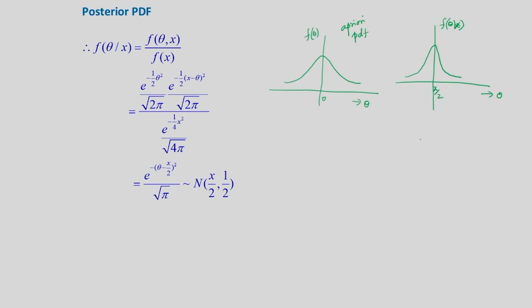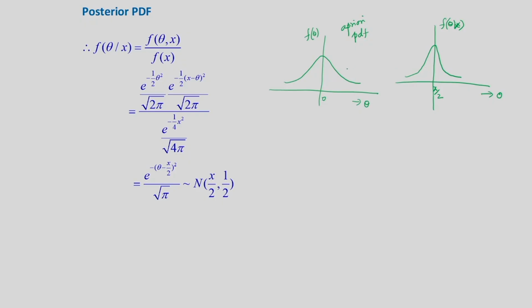So, what we see is that given the information about the data, the a posteriori PDF is now governed by the data. The data will determine the a posteriori PDF, and also we see that the earlier uncertainty, that variance of 1, has now reduced. Once we have the data, the uncertainty about the parameter is reduced.